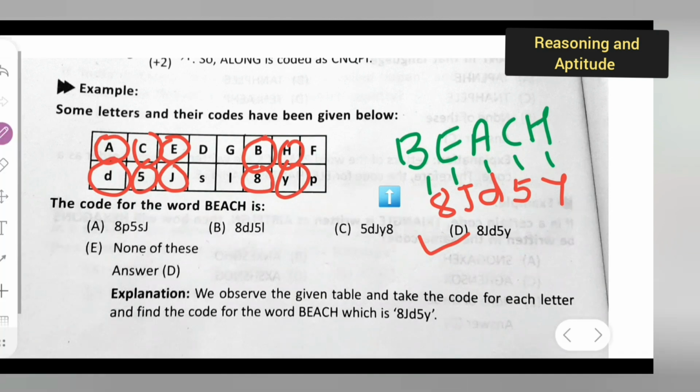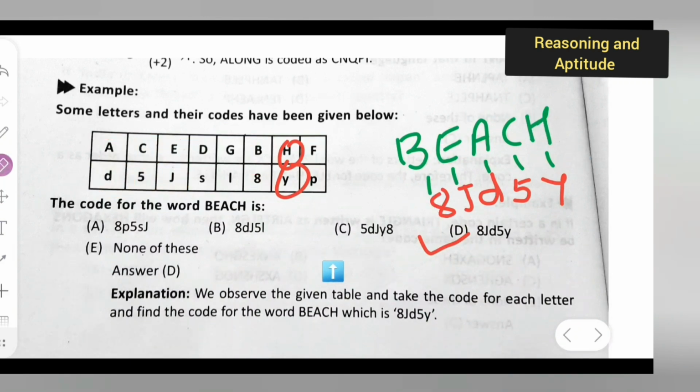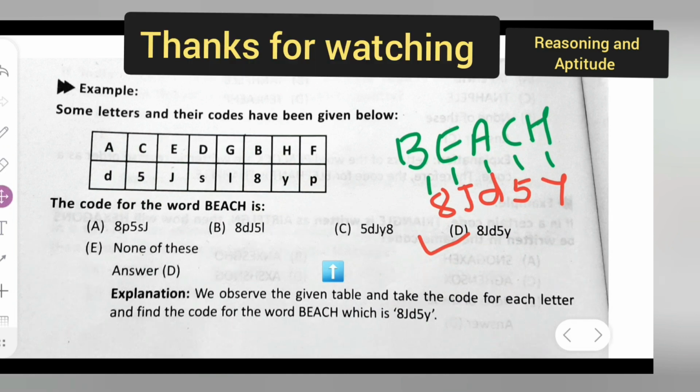Explanation: we observe the given table, take the code for each letter, and find the code for the word BEACH, which is 8JD5Y. This is how you have to find it out. The explanation part is right over here.